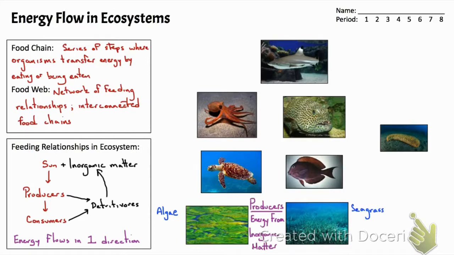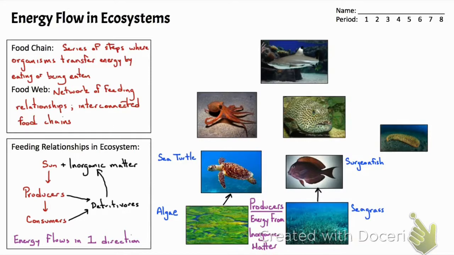So let's start at the bottom here with algae and seagrass. These are both autotrophs that use sunlight and inorganic matter to produce their own energy. We also call them producers. These producers provide food for the sea turtle. The sea turtle eats algae. The surgeonfish eats seagrass.